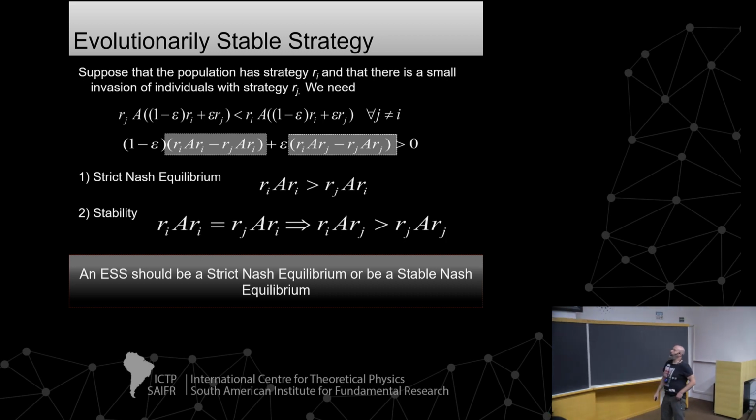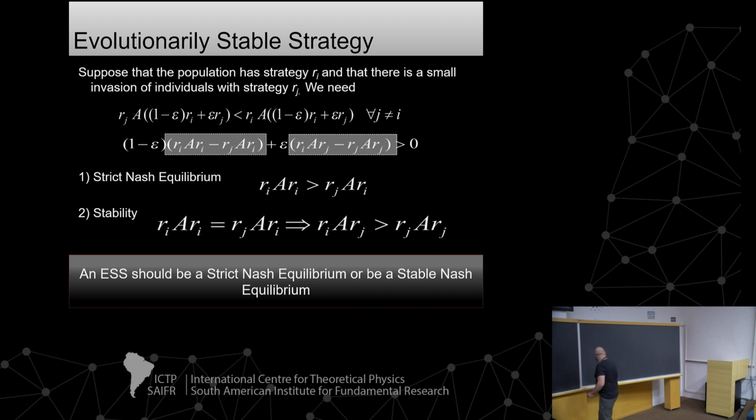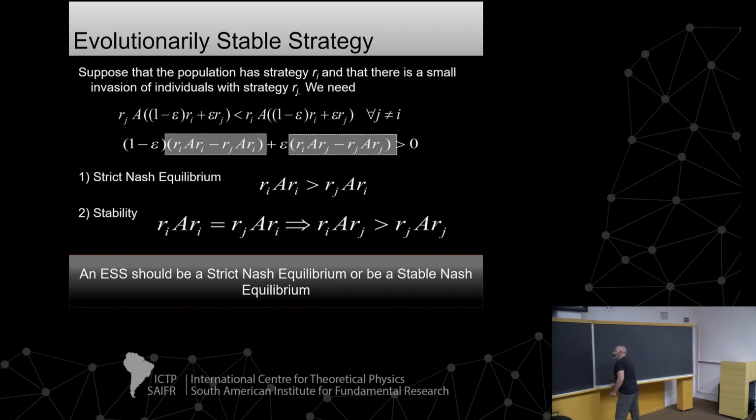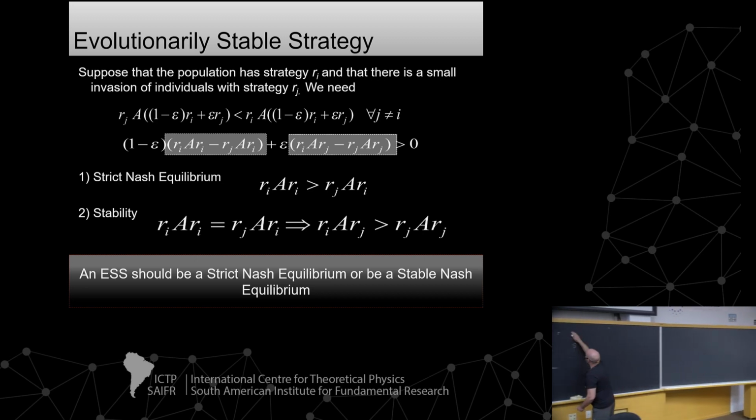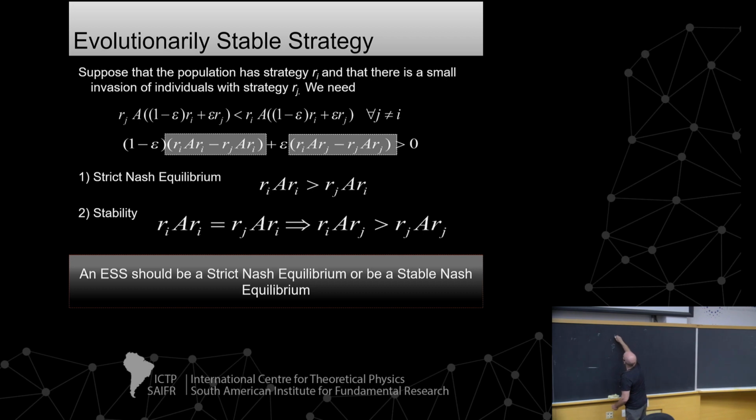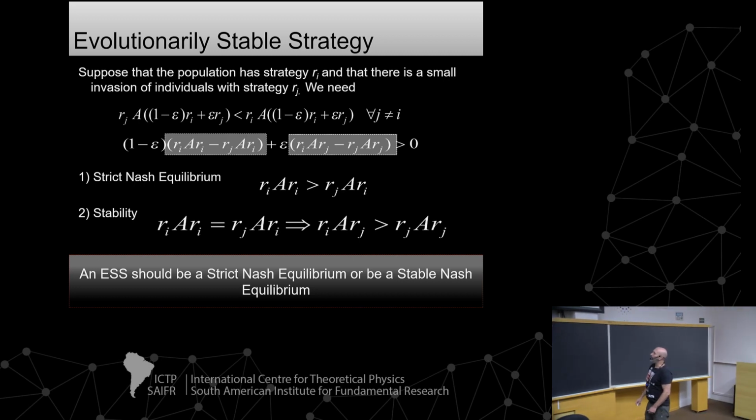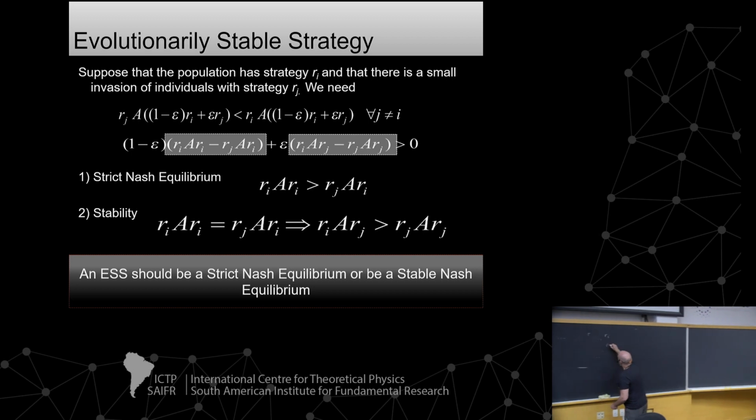So suppose that the population has the strategy, I'm changing letters, Ri, and there is an invasion of another population, a mutant, with a strategy Rj.